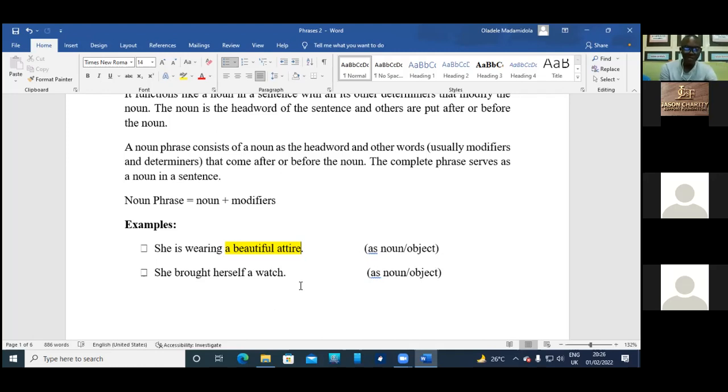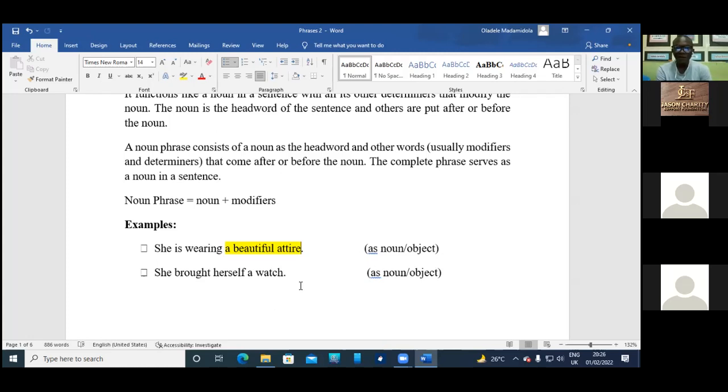In this case, we have she in the subject position, right? And then we have bought in the verb position. And then we have herself in the complement position, because herself refers back to she.